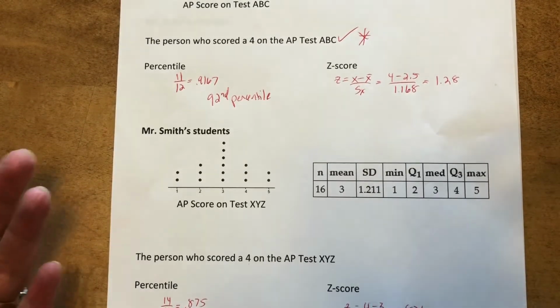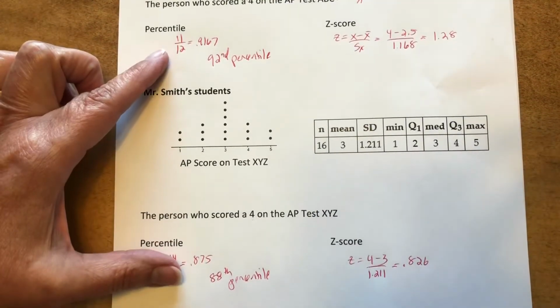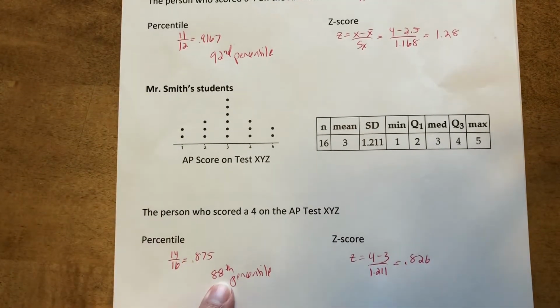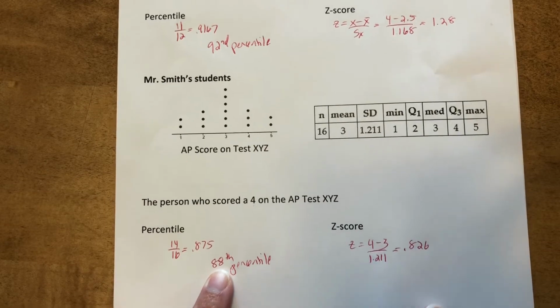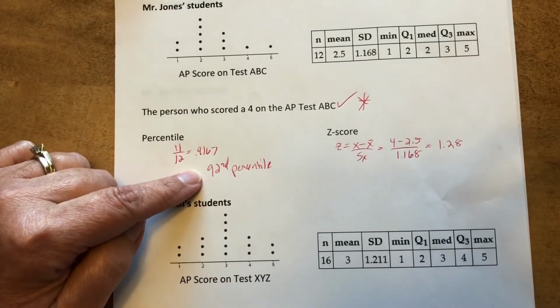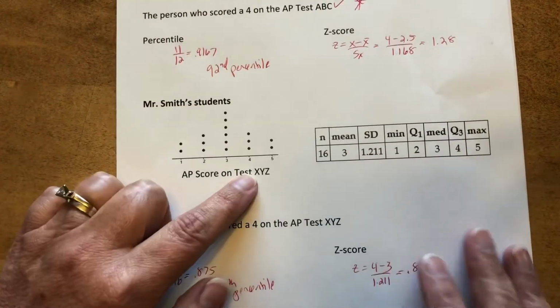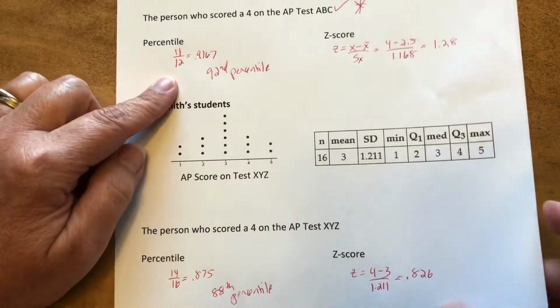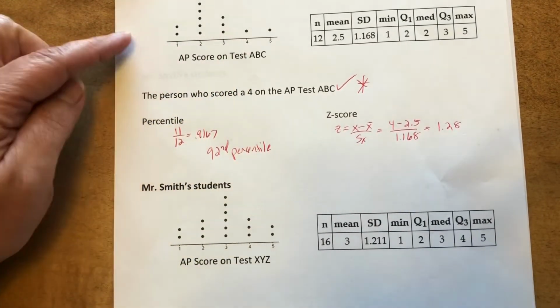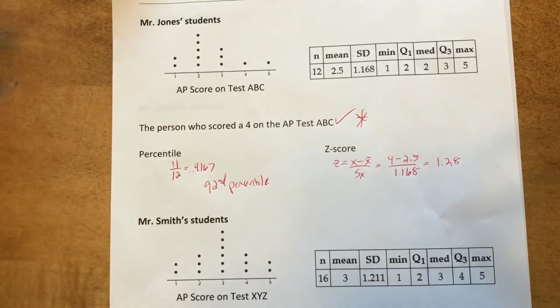Now eventually, our percentiles will turn into probability. So I could say there's an 88% chance that you're going to score at most a 4 on the AP test if you take Mr. Smith's class. And there's a 92% chance that you're going to score at most a 4 on your AP test if you take Mr. Jones's class, according to his previous year's students' grades, okay?